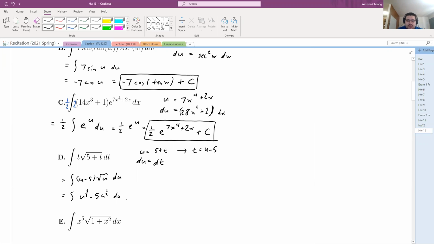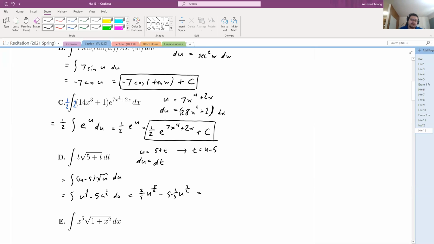And so we can just use the reverse power rule to integrate this. So you get u to the 5/2 times 2/5 minus 5u to the 3/2 times 2/3. There's multiplication there. And then we would have to back substitute this.